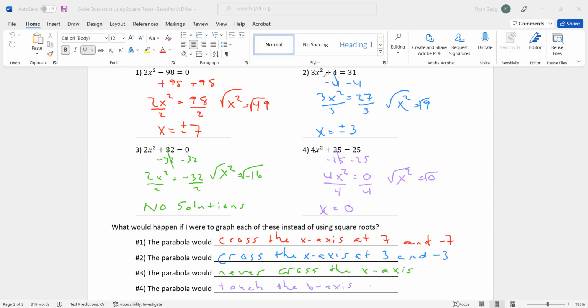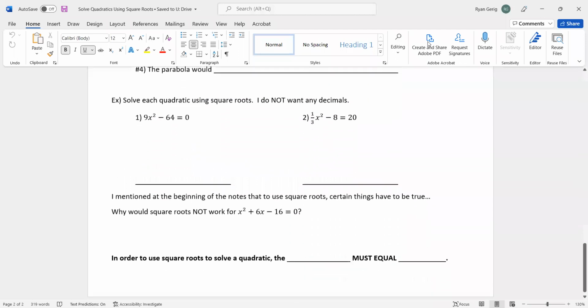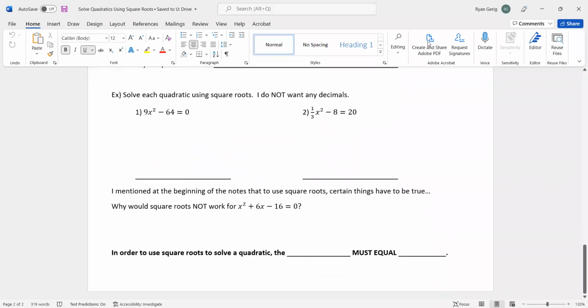It wouldn't go through it. It would touch it. Basically, the vertex would be at 0. Okay, so hopefully you made that connection between what we did in the previous lesson and this one. It can get a little bit trickier, but not a ton. It's just kind of bringing in some old stuff that we've done.